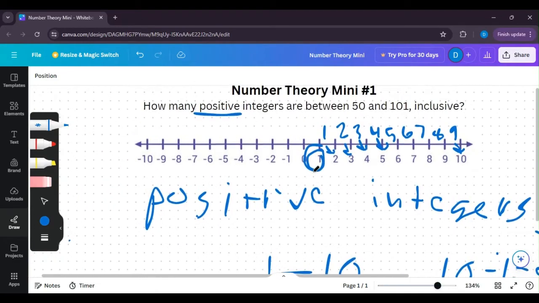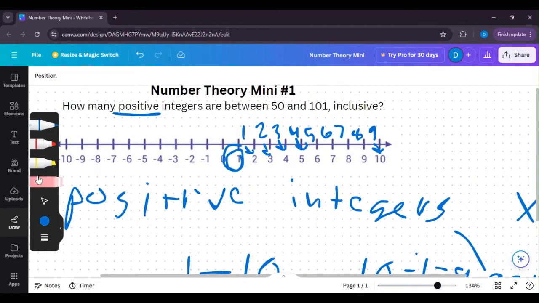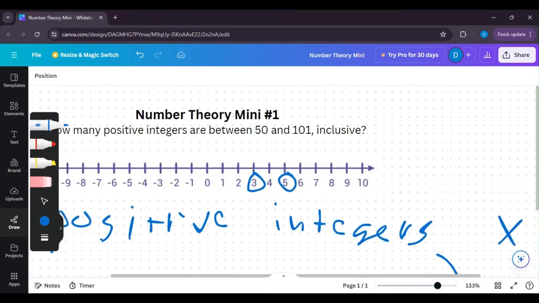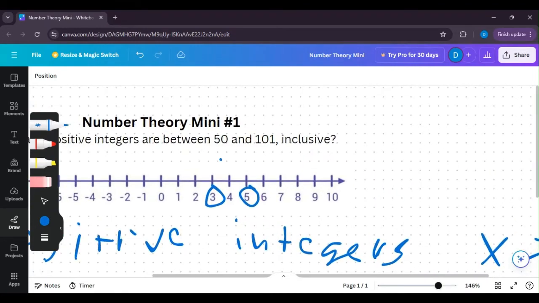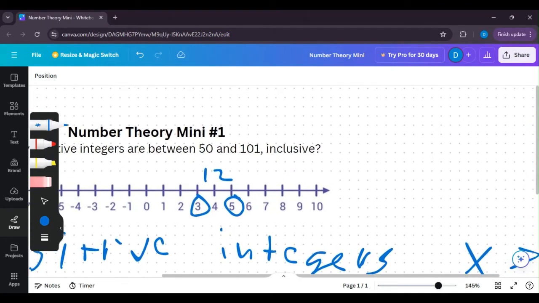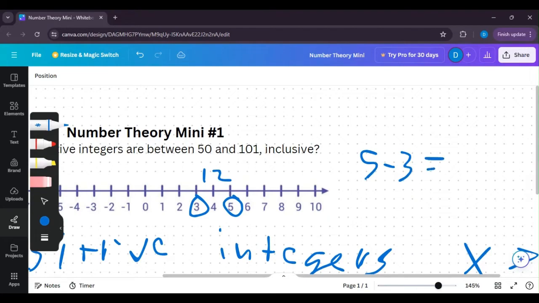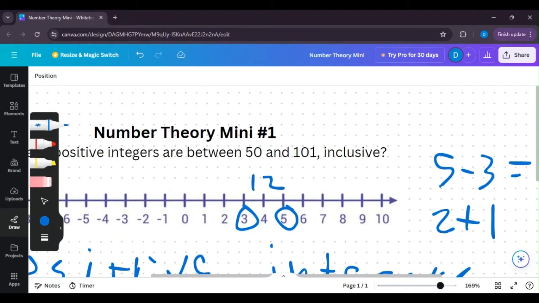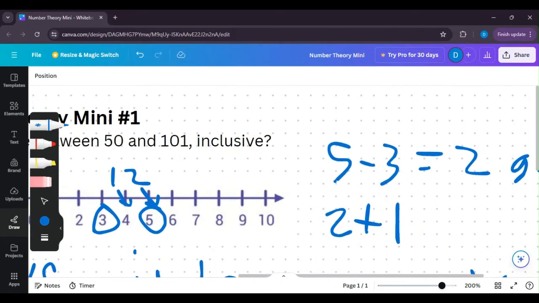That works with any pair of numbers. Take 3 to 5, a little shorter: there are 2 gaps, 5 minus 3 is 2. If we add 1, we make sure to include the missing number, and we get 3.